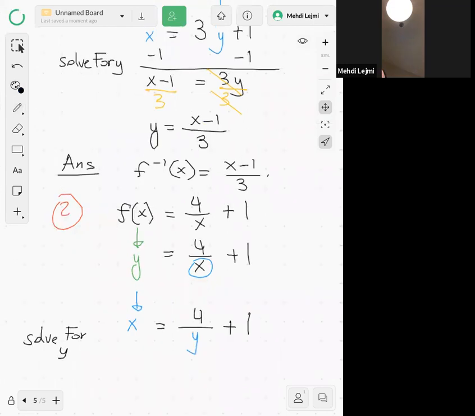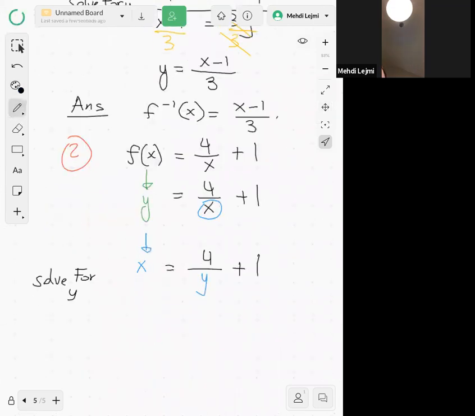So anyway, I want to solve for y. The first thing would be to get rid of this plus 1. Just subtract 1. So x minus 1 equal to 4 over y. And as I said, the problem here is that my y is in the denominator.